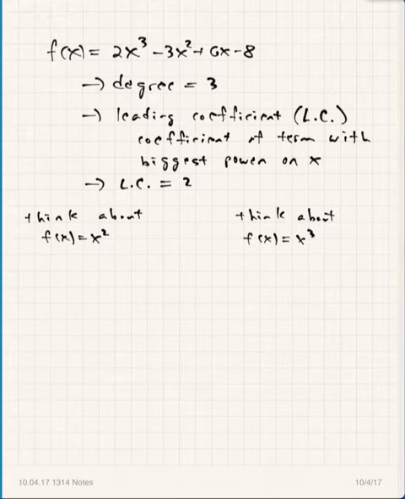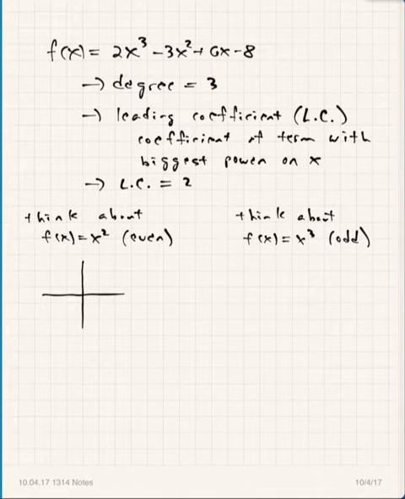With x squared, that's an even degree function. X cubed, that's odd degree. Well, it turns out that all even degree polynomials, as far as their end behaviors, kind of match up with x squared, and all odd degree polynomials kind of match up with x cubed. And so this is what I'm talking about.